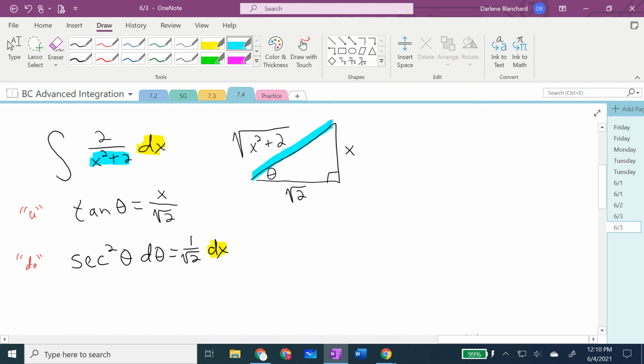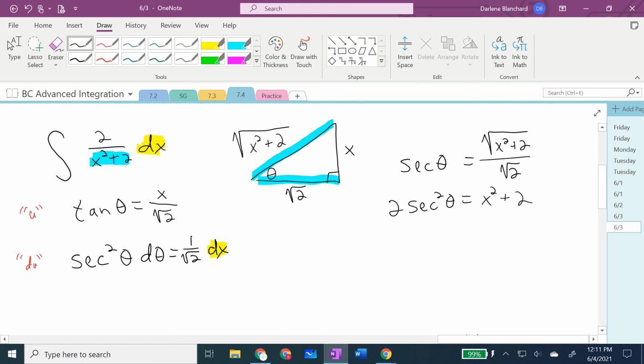If I use the side that has the square root of x squared plus 2 and the side that has the constant, and I write it in that order of hypotenuse over adjacent, that's the trig function secant. If I multiply root 2 over to the left and square both sides, I will get 2 times secant squared theta is equal to my x squared plus 2.